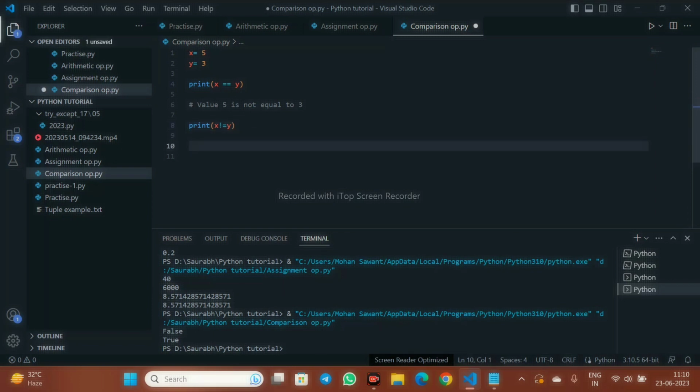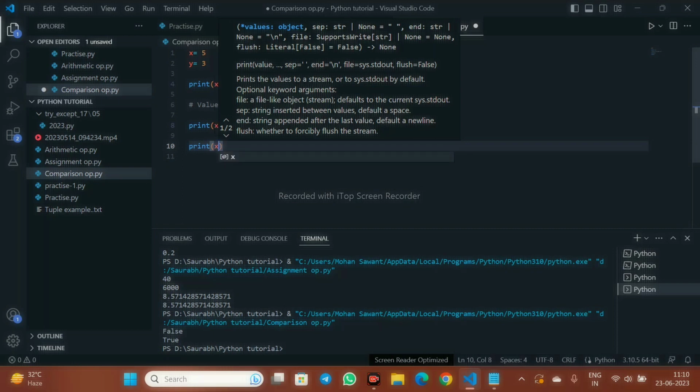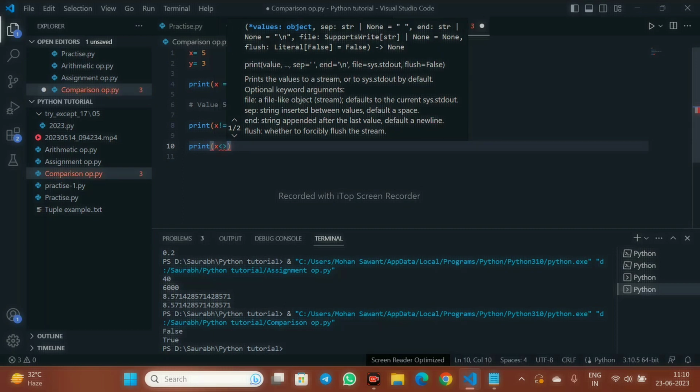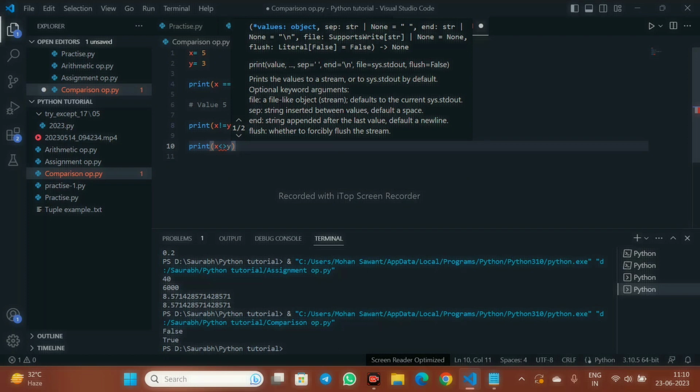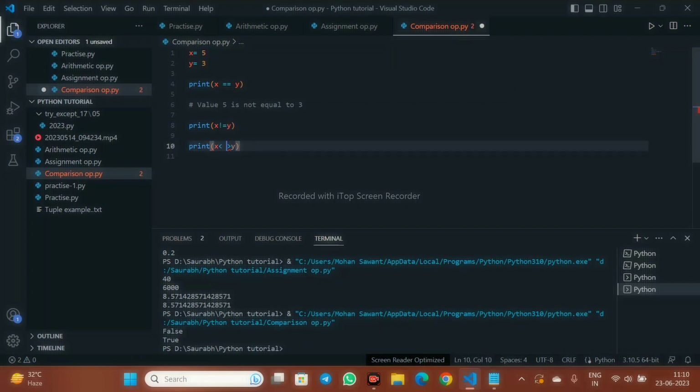And next one is our greater than and equal to. Print x less than and equal to y. This is also the same in Python. Okay, I will show you first this one, greater than.